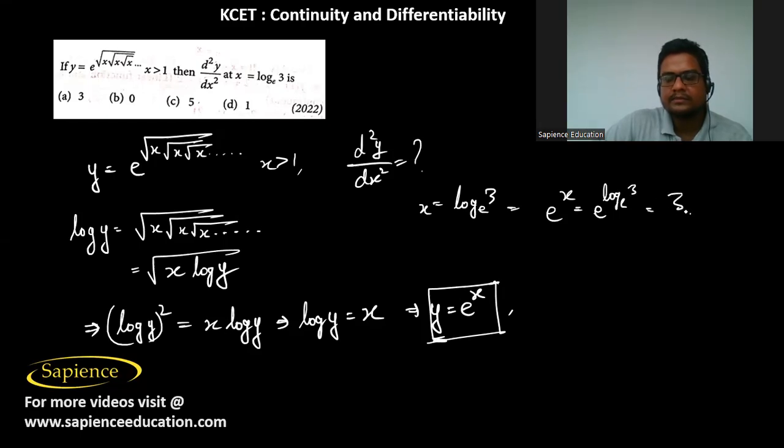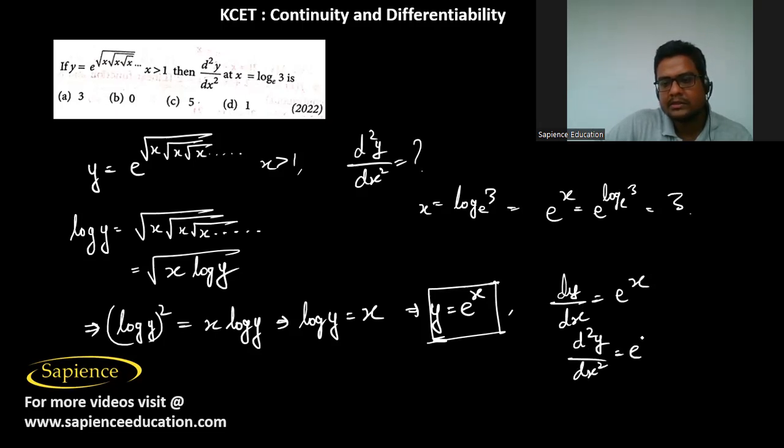So this will be equal to 3. So then dy by dx will be equal to e power x, and d square y by dx square also will be equal to e power x. So that will be equal to 3. So option A is the correct answer.